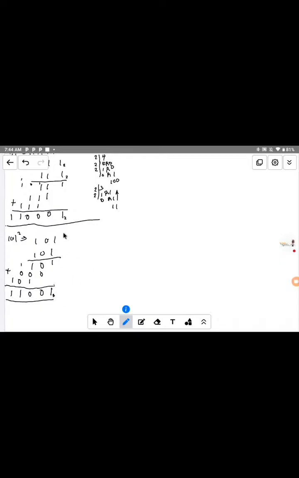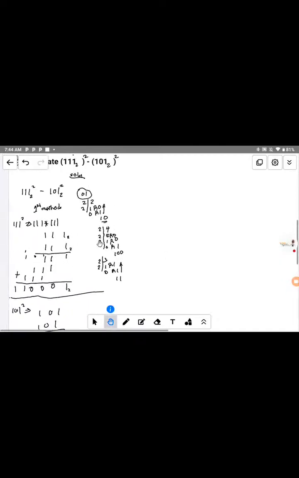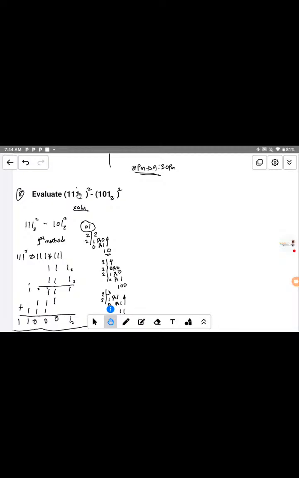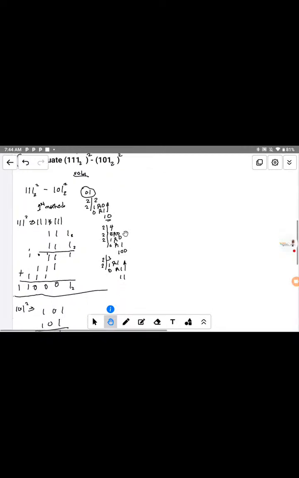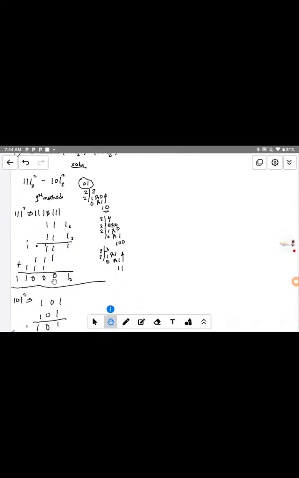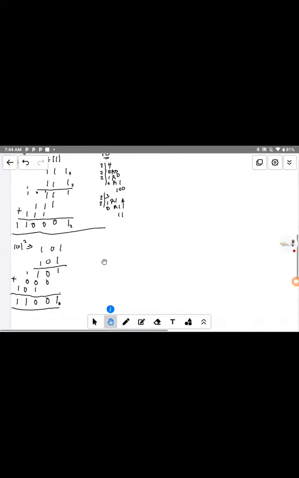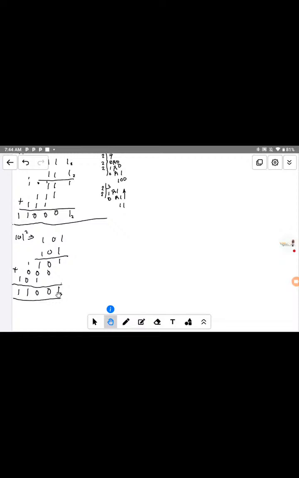Now we have to subtract. That is what we are given here. The question is saying what? After getting this one, after taking the square of this, you then subtract them. So that means we are subtracting the answer we get at this particular point. The answer we get here will be subtracted from the answer we get at this part.